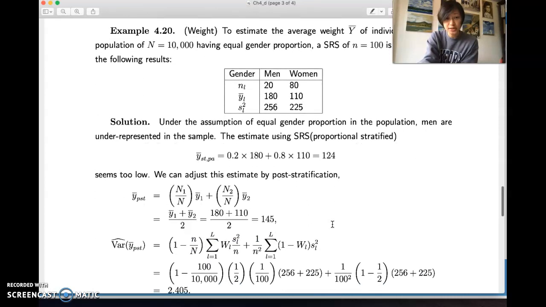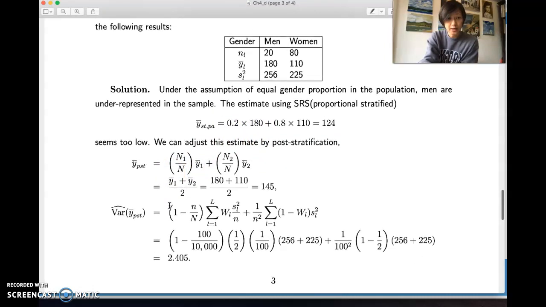What we need to do is to adjust that estimate by post-stratification. So rather than using the little omega, little W_L, or the sample size to multiply it, we need to calculate the Y-bar post-stratification estimate using the population ratio.